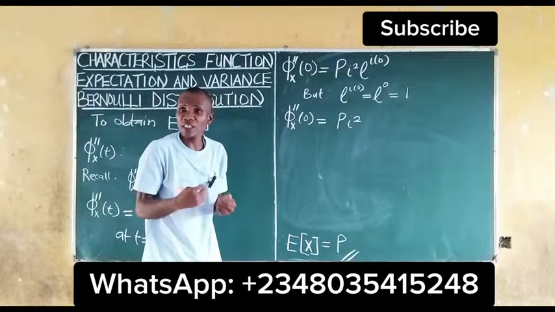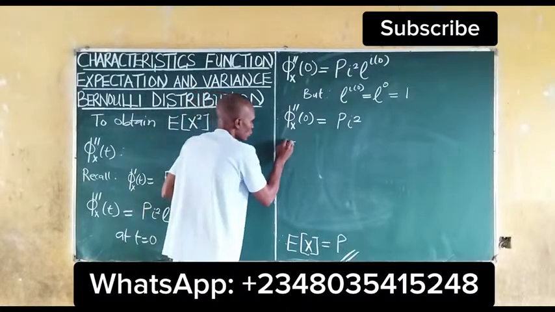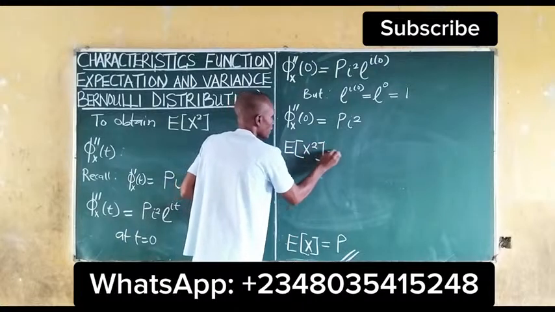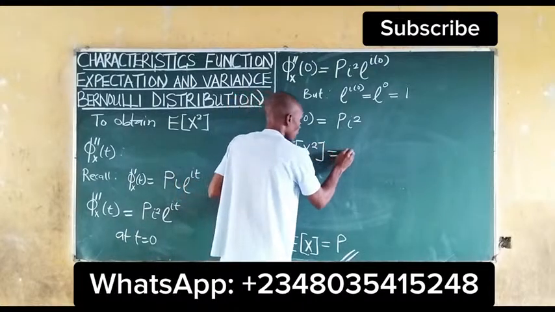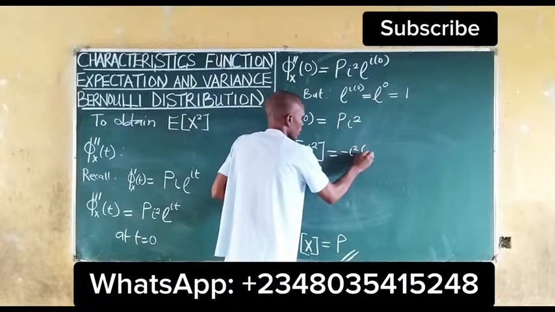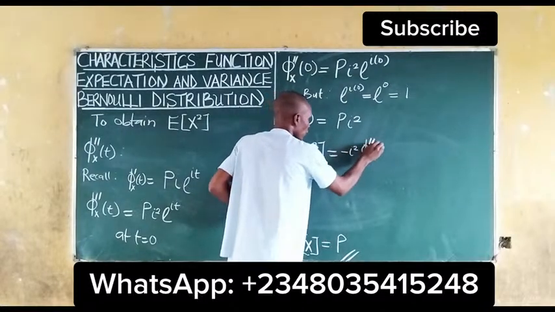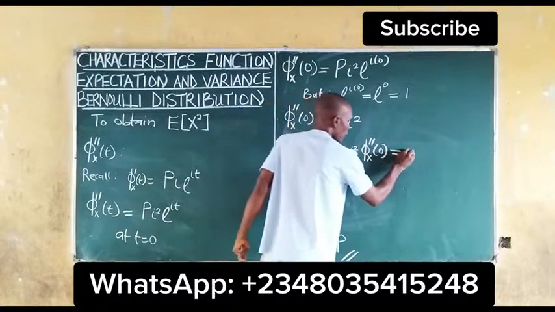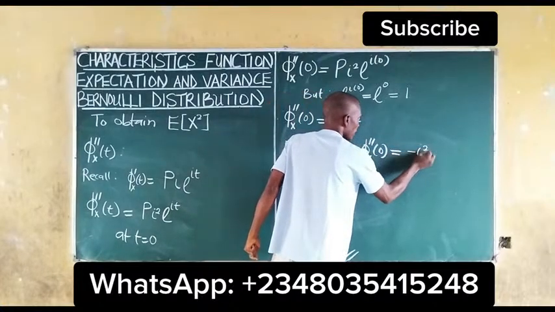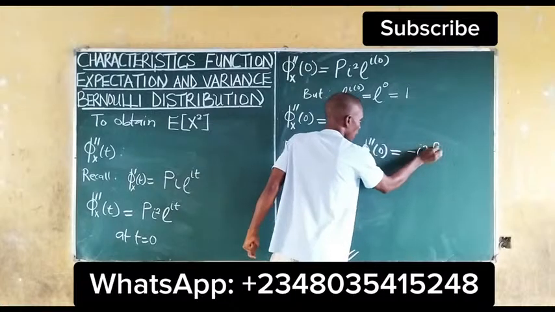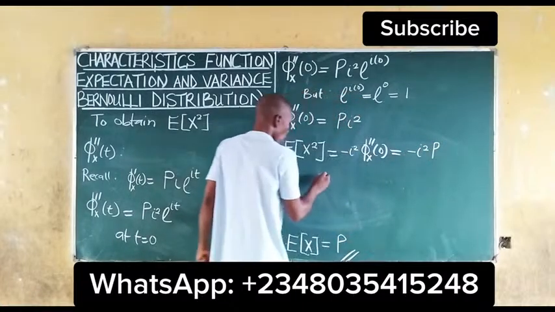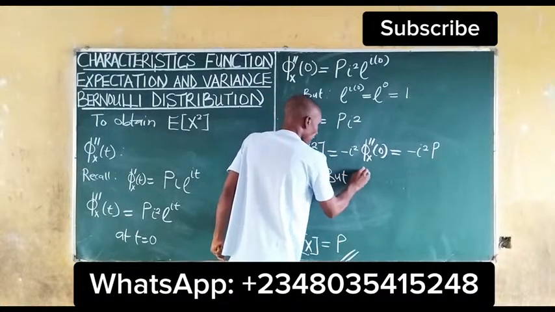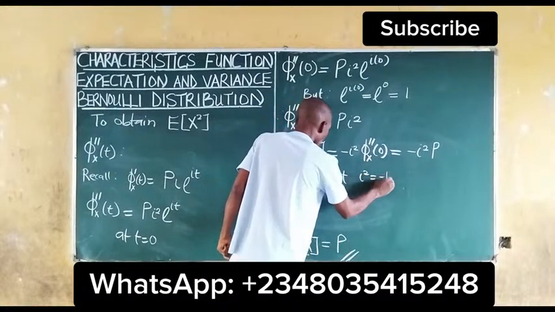Now we can write the expected value of x squared. The expected value of x squared is equal to negative i squared times our second derivative, which is negative i squared and p. Of course, we should recall that i squared is equal to negative 1.